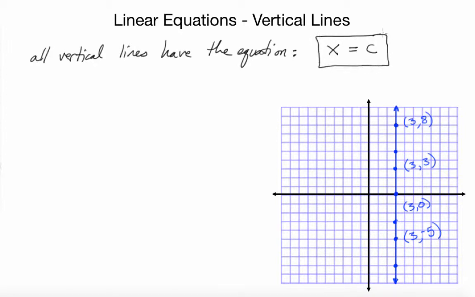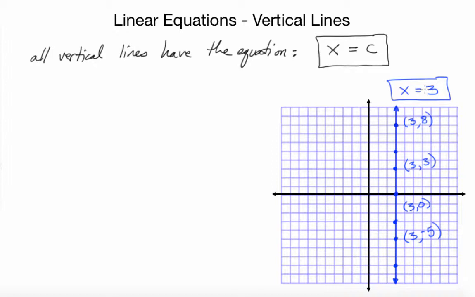And all that is because I want all the points that satisfy x equals this number. If we look at our specific line, all the x values are 3, so the equation for this line would be x equals 3. I want all the points that have an x value of 3, put them all together, and that makes a line. Notice there's no y variable involved. It's just concerned about x.